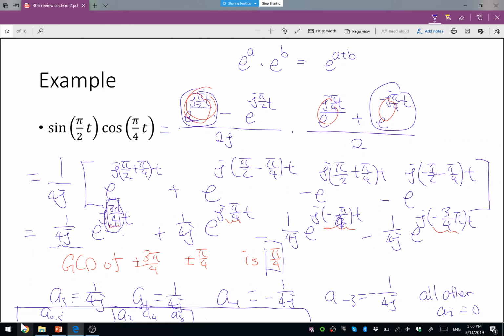That means the fundamental frequency is too small. You need a larger fundamental frequency to get A1, A2, and A4. So they should not all be divisible by values other than 1. If all of them can be divided by something and still give an integer, that means something is wrong.